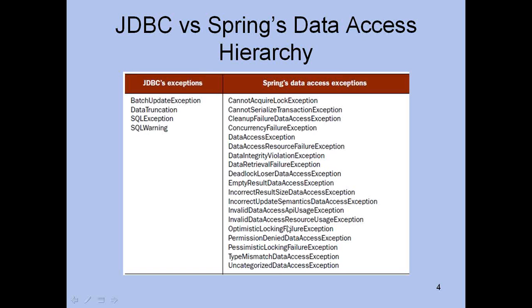So can you tell me the difference between a checked exception and an unchecked exception? We discussed this when we talked about core Java exception handling. Very important question, guys. You need to be prepared. Checked exceptions need to be handled, but unchecked exceptions you don't need to handle. Yes, sir.